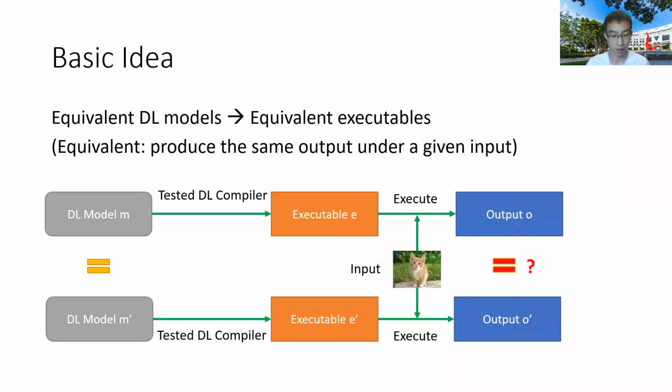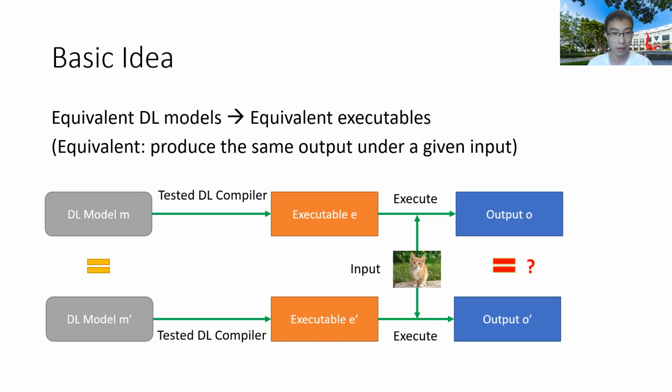The basic idea behind our approach is that equivalent deep learning models should be compiled to equivalent executables when they are being compiled by the compiler. Here we mean equivalent in the sense that they produce the same output under a given input. The figure below illustrates our pipeline. First we get two equivalent deep learning models, M and M prime.